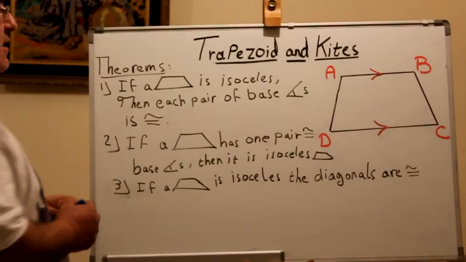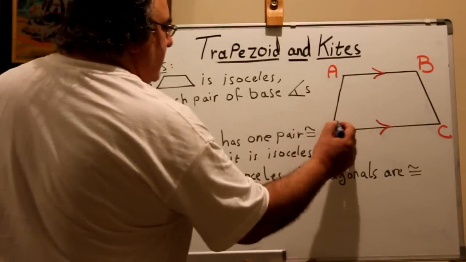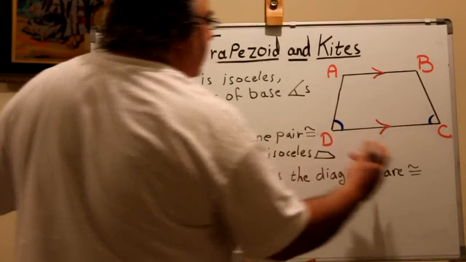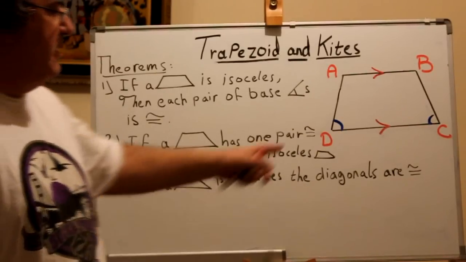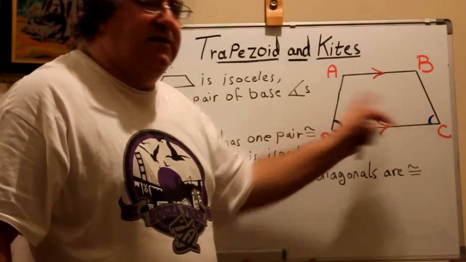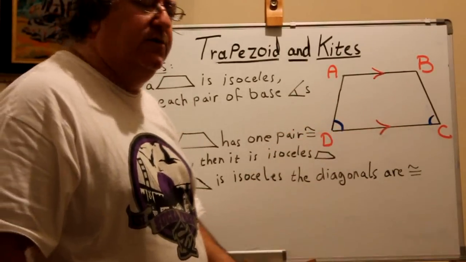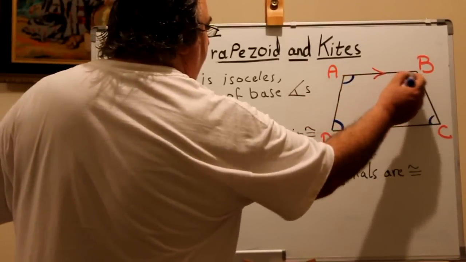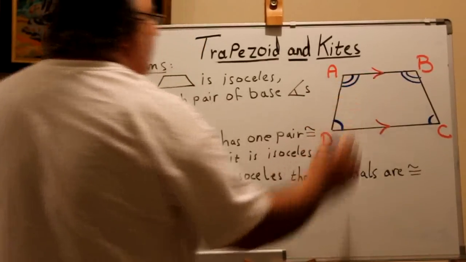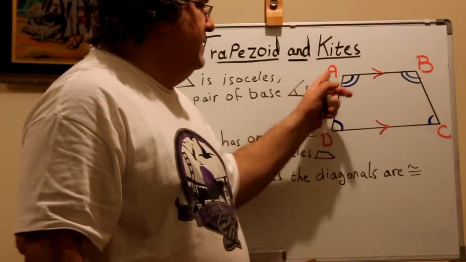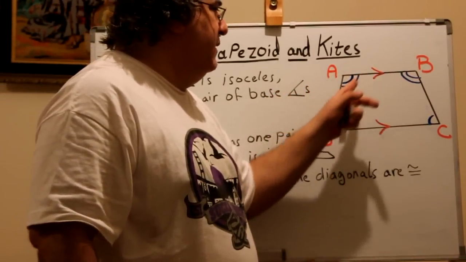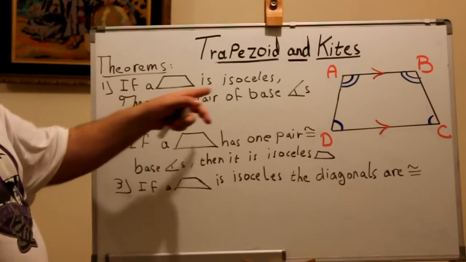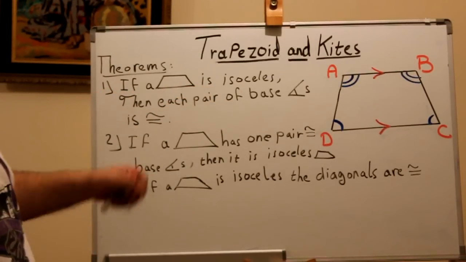If you look at base DC, these are the base angles, angle D and angle C. If this is an isosceles trapezoid, then angle D and angle C, the base angles of DC, are congruent. Also for base AB, these two angles are the base angles of AB, where angle A is congruent to angle B. So these base angles are congruent if it is isosceles.